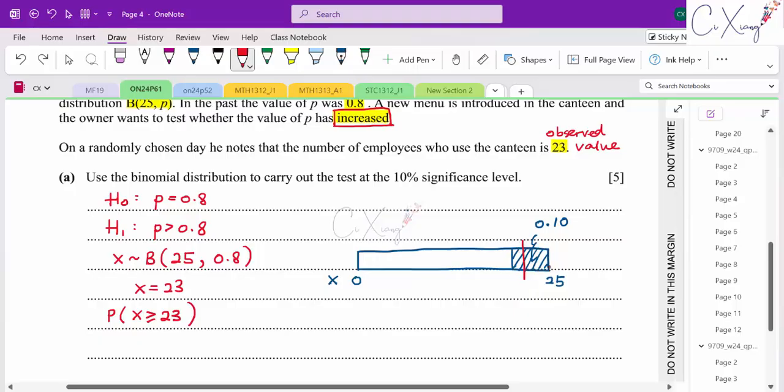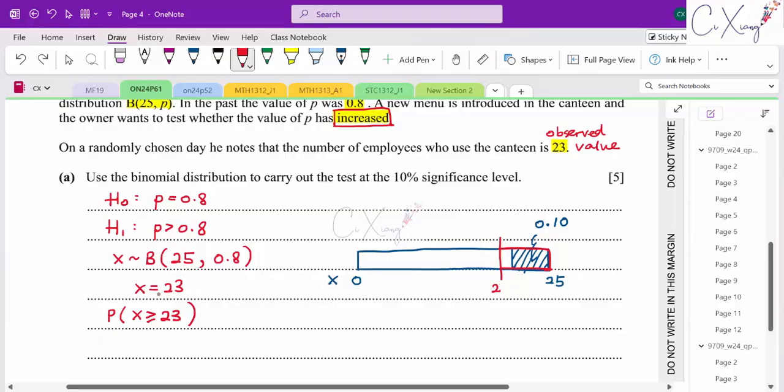If x greater than or equal to 23 is bigger than the rejection region, then it will look something like this, where the whole area is more than the rejection area that we have. So this is the reason why we need the greater than or equal sign, but not the equal sign.